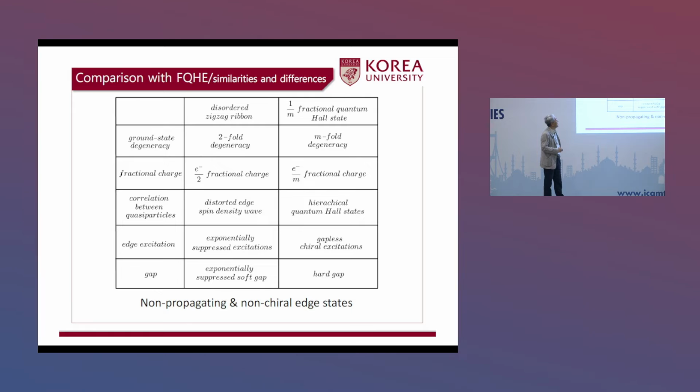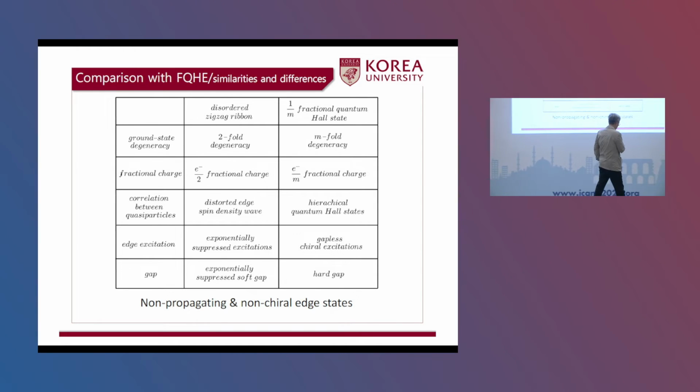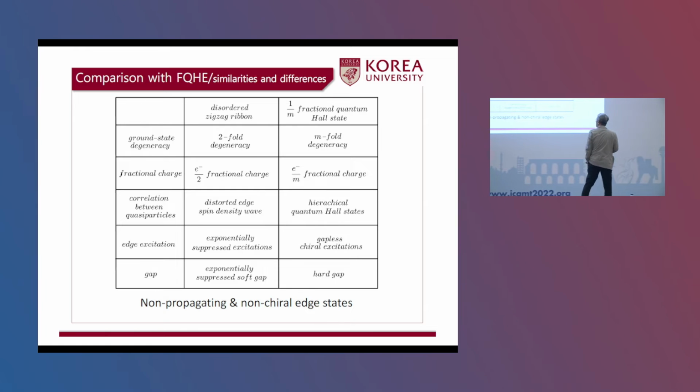What about the gap? In disordered ribbon, the gap is exponentially suppressed, so you have a soft gap. In the Laughlin state, you have a hard gap. And the most important difference between these two systems is that edge modes are non-propagating in the ribbon system. And the edge modes are non-chiral, okay?